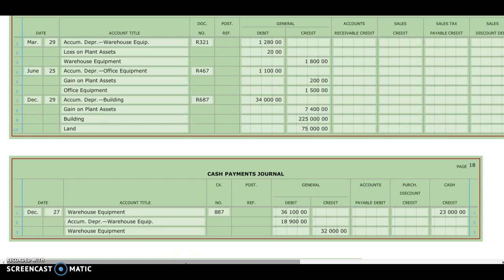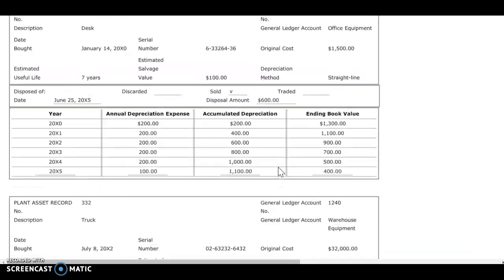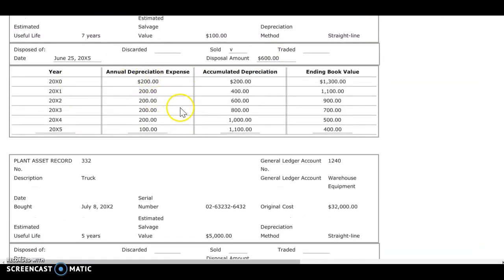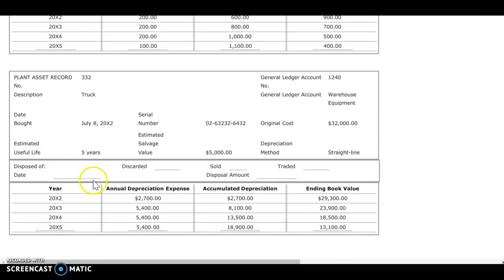Then it says make appropriate notations in the plant asset records. They only give us these two. It looks like I forgot to fill out this part. So this one was for the truck that we traded in, so I need to put that part in. And that was from December 27th. We traded it. Remember, we're going to put a V there.